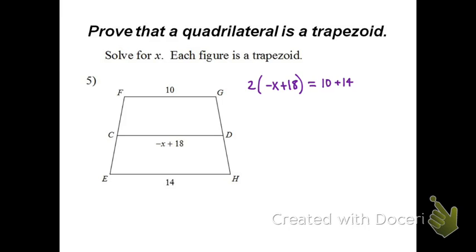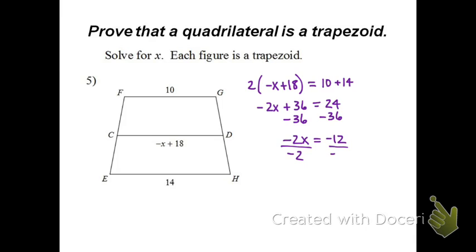So we can distribute. We get negative 2x plus 18 times 2, 36, and that's equal to 24. All right, now we can subtract 36 from both sides, leaving us with negative 2x equals negative 12.